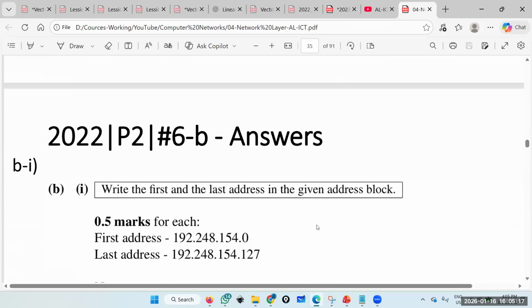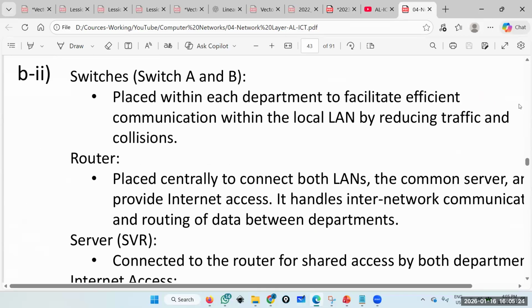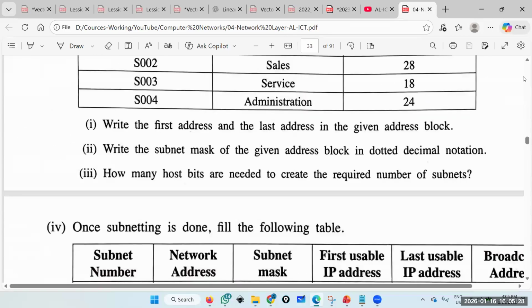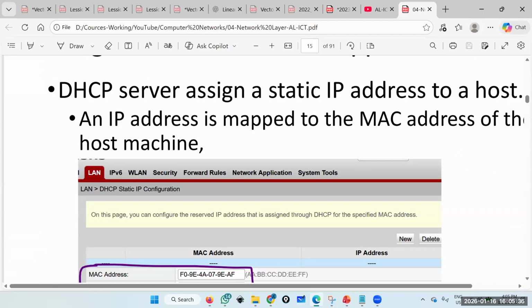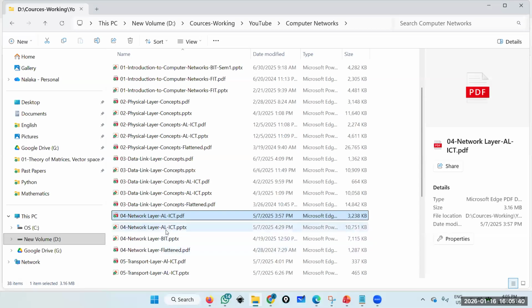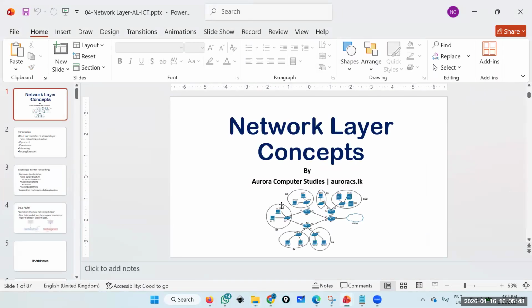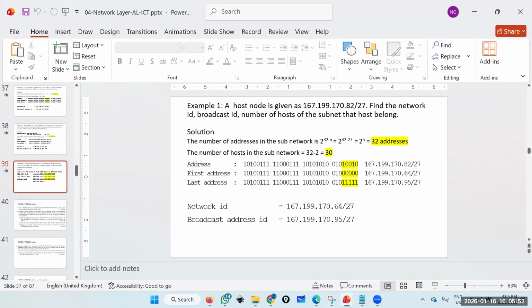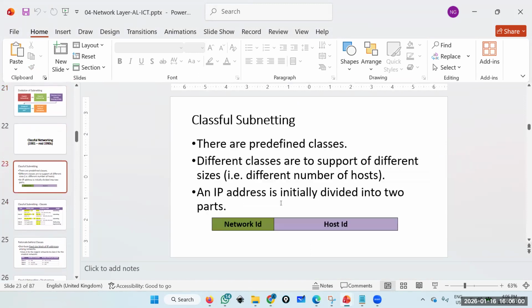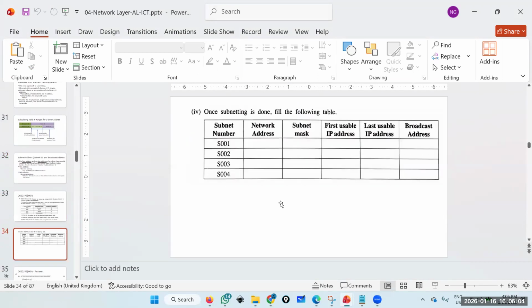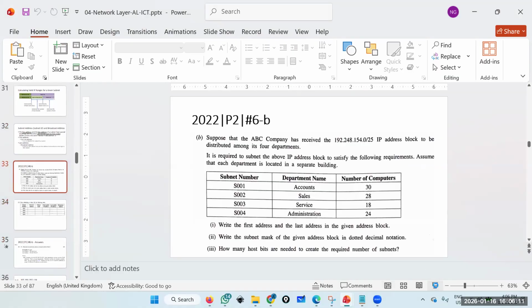Okay. So let's first do our example, maybe.